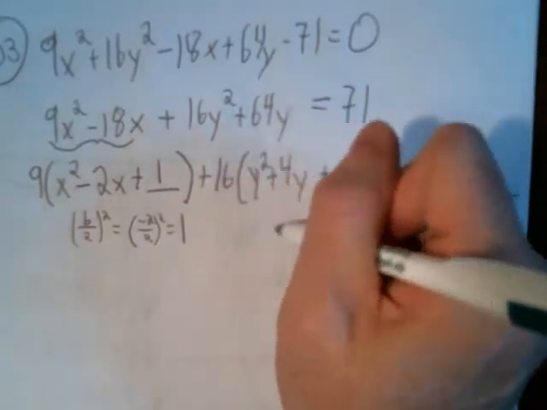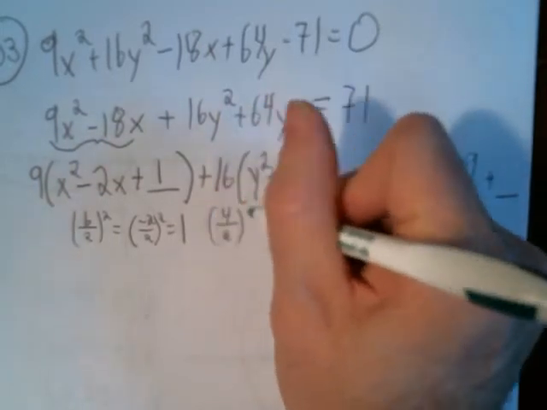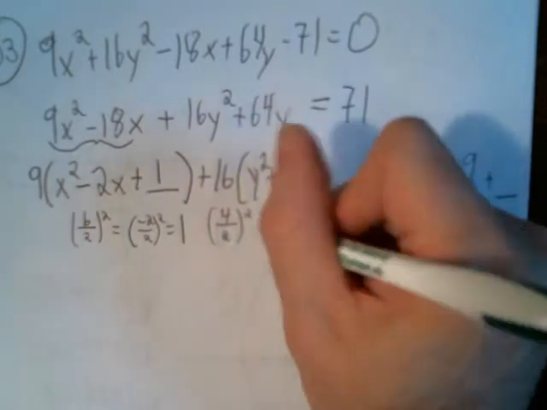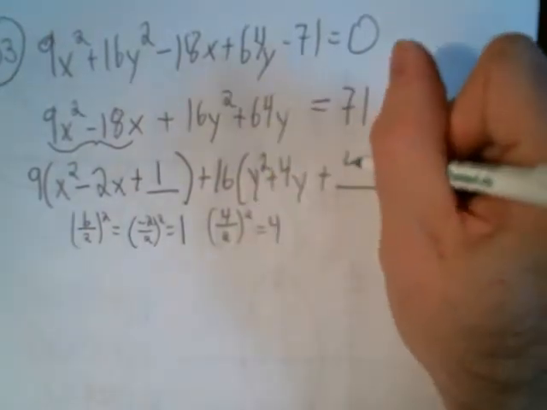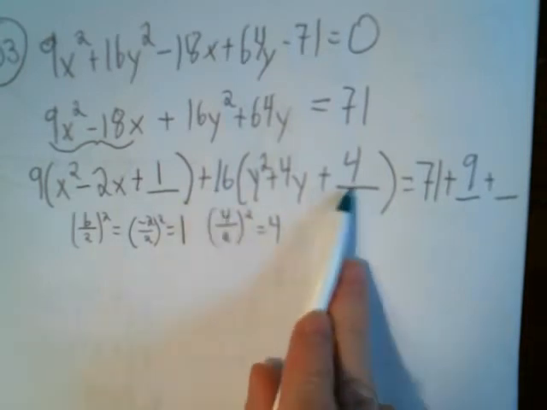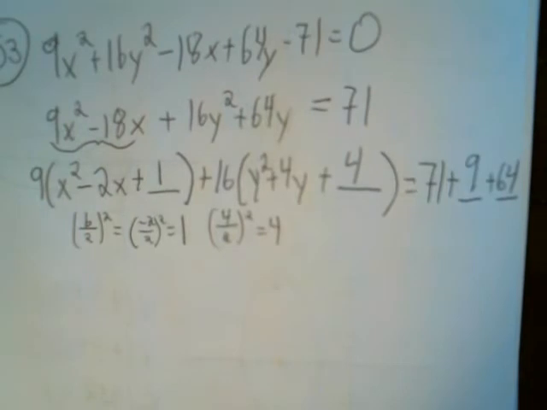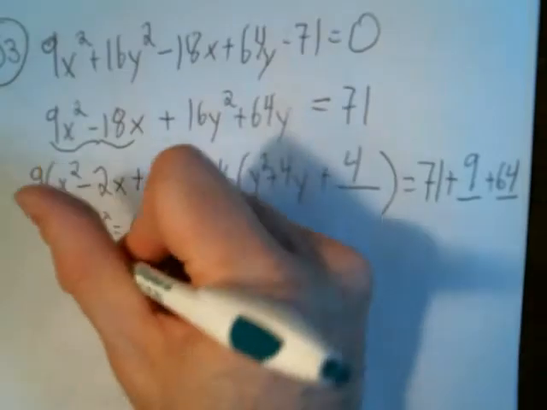Okay, then the other guy, b in this case is 4 all over 2 squared. So 4 over 2 is 2, and then 2 squared is 4. So I'm adding a 4 in here, and again, you've not just added 4, you've added 16 times 4. In other words, 64 to the other side. Okay. So let's go ahead now and factor.